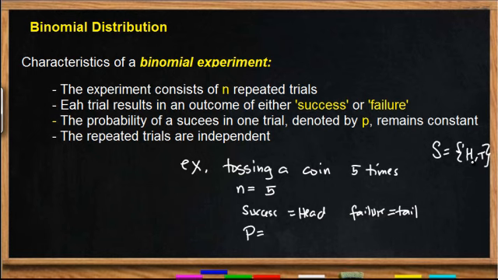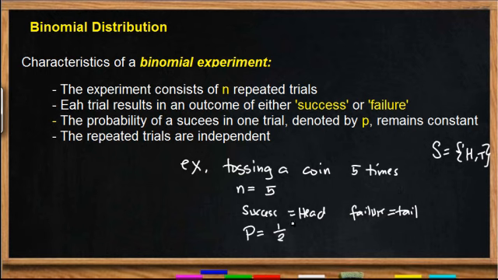And kani ang success, so interesado ta nga makuha ta og head. So what is the probability nga makuha kay head? That is just 1 over 2 or 1/2, kay 1 out of 2 lang ang atong possible outcomes. Then 1 lang ang success, which is head.